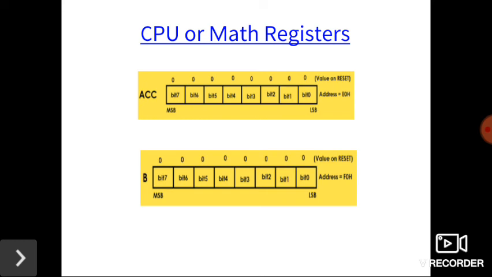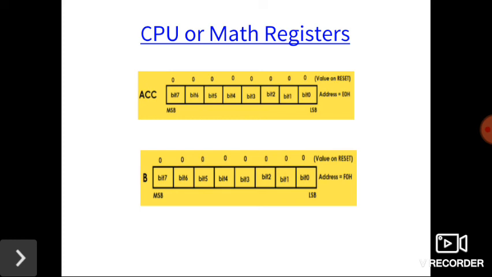The accumulator is used to hold the data for almost all ALU operations, arithmetic and logical operations. Arithmetic operations like addition, subtraction, multiplication, and logical operations like AND, OR, NOT. Then data transfer operations, like the transfer between the memory and the external memory, likewise.